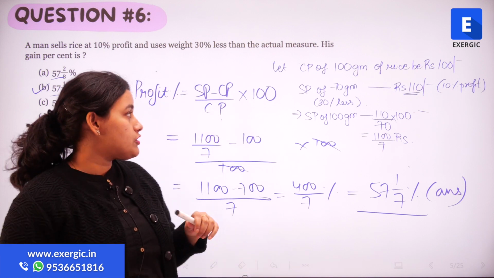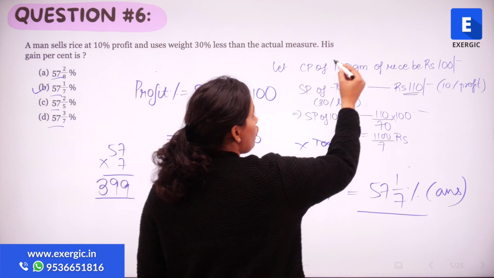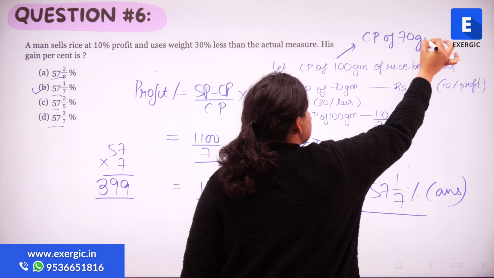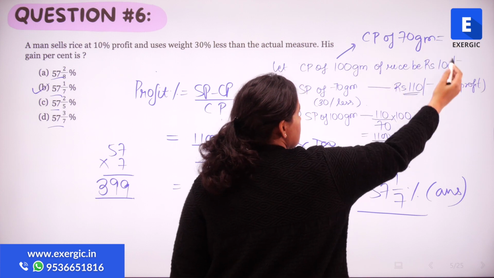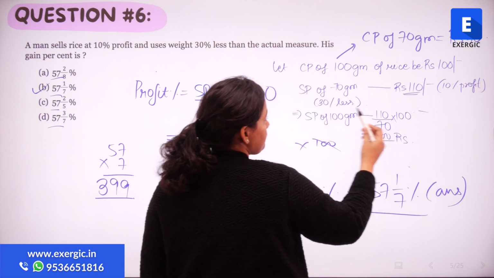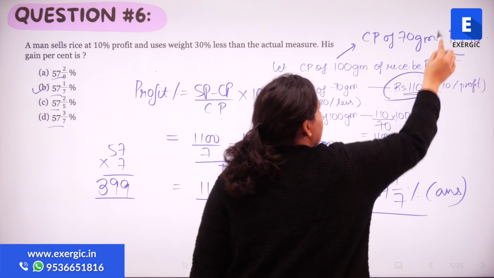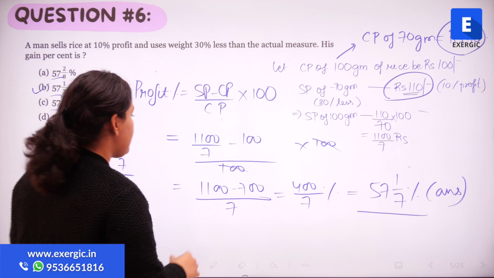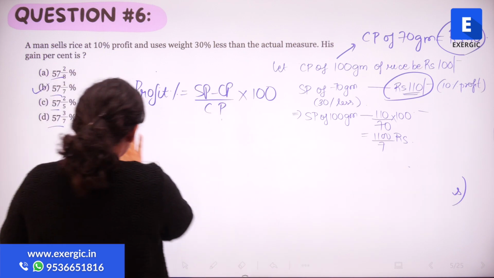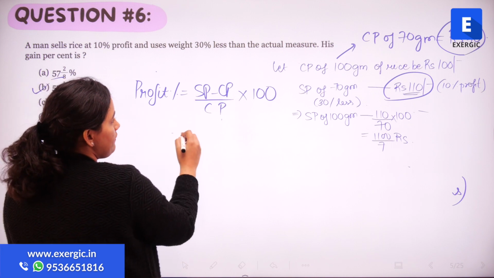Now, what you could have also done is you could have taken the cost price of 70 grams, right? This would have also been easier. So the cost price of 100 grams is 100, so the cost price of 70 grams is going to be rupees 70. And then you could have taken 110 and 70. So that would have made the calculations faster, and what we would have is the selling price of 70 grams.